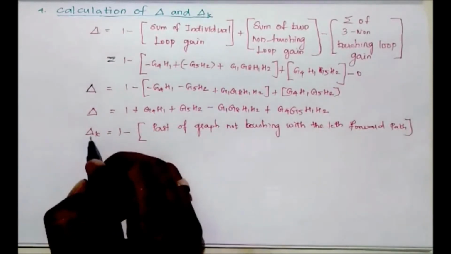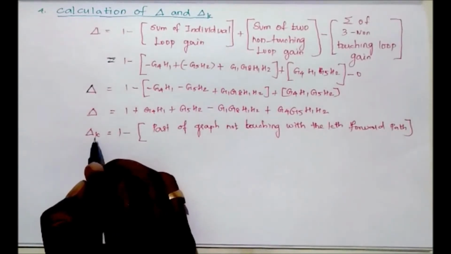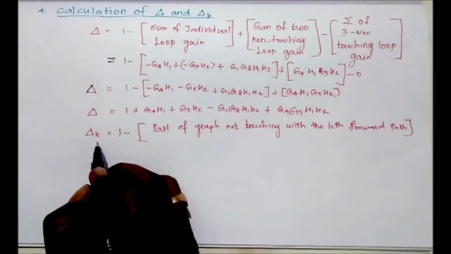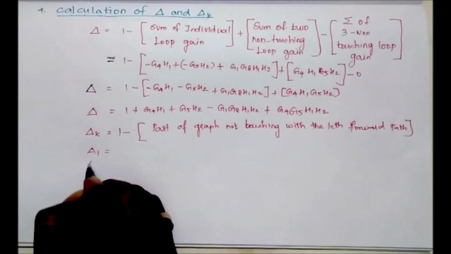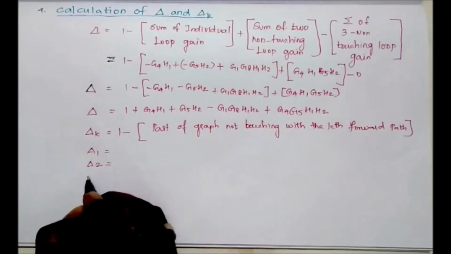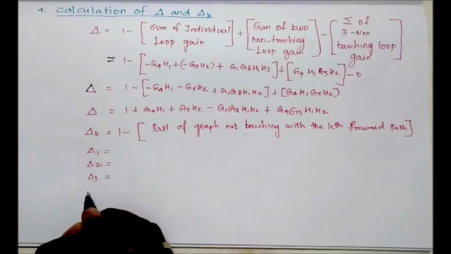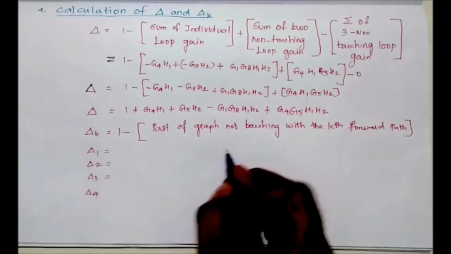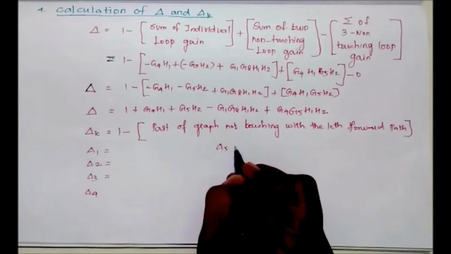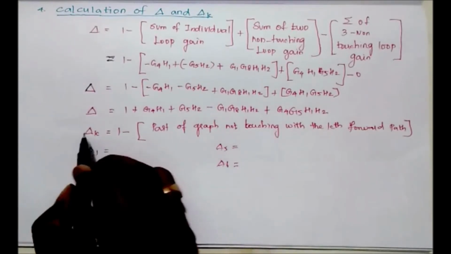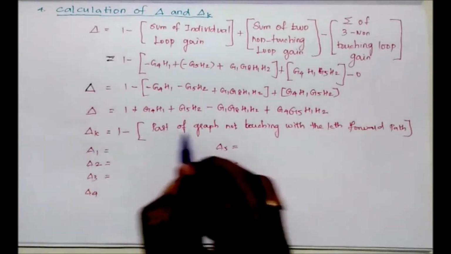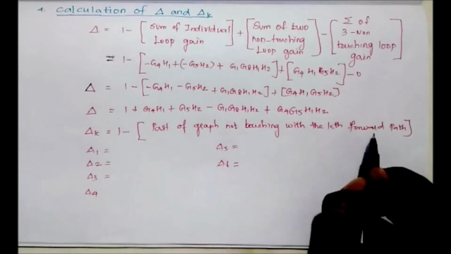So this is the formula to calculate the del k value. Now there are 6 forward paths, therefore we have to find del 1 value, del 2 value, del 3 value, del 4 value, del 5 value, then del 6 value.